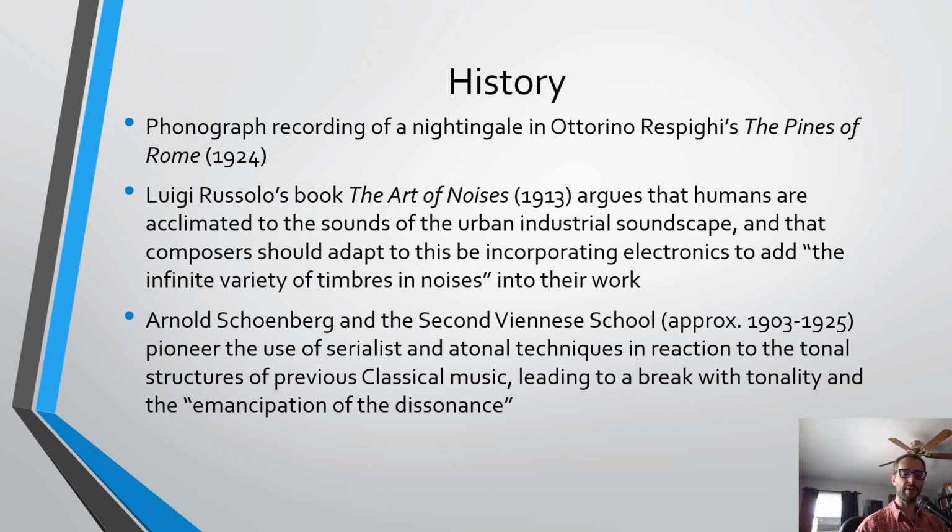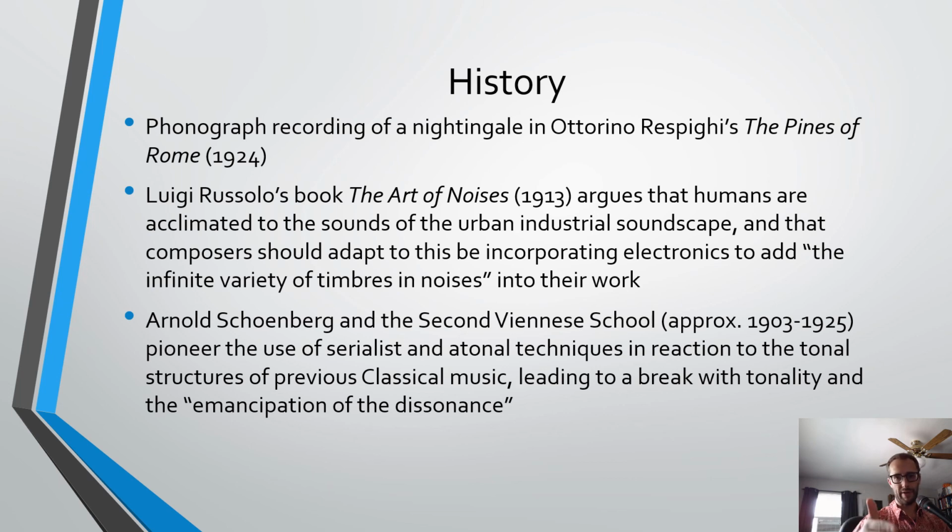Another major thing that happened before the development of Concrète was Schoenberg and the Second Viennese School, which is approximately 1903 to 1925. In the post-Wagner era, Schoenberg and his students pioneered the use of serialist and atonal techniques in reaction to the tonal structures of previous classical music. Basically, they just said, look, we've pushed tonality as far as it can possibly go.